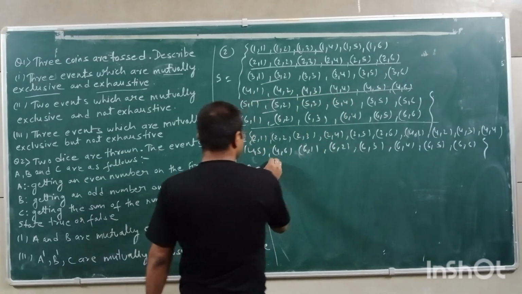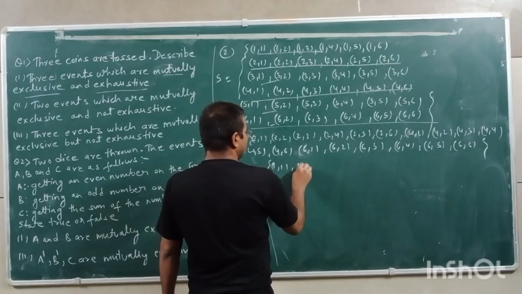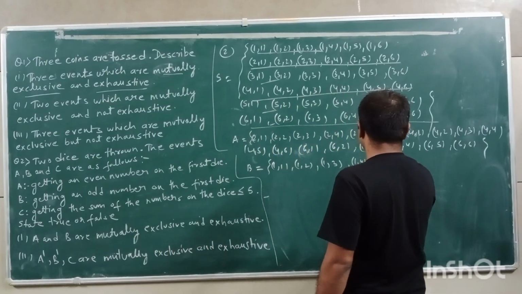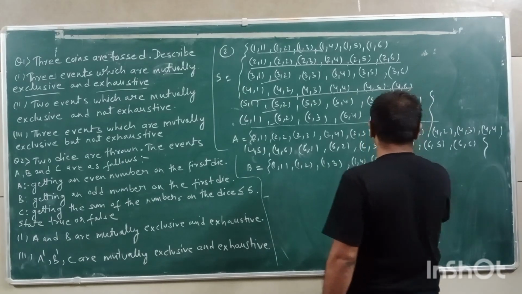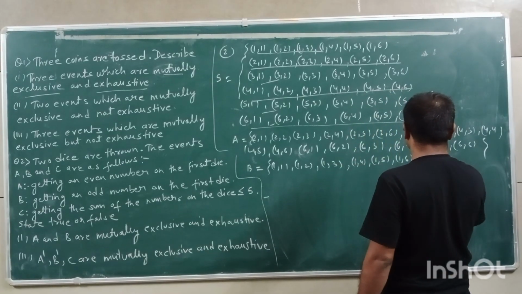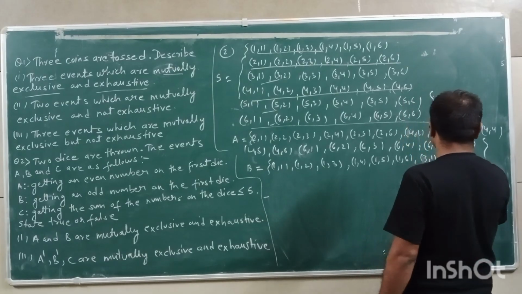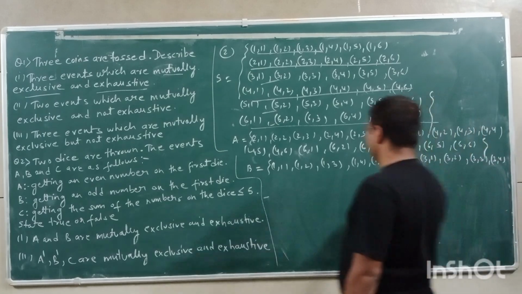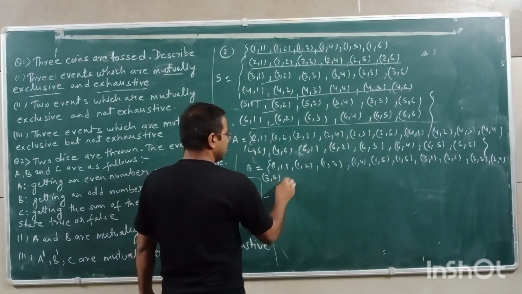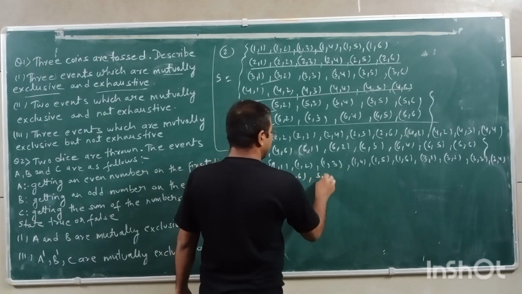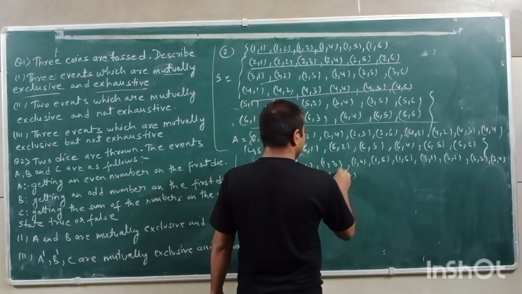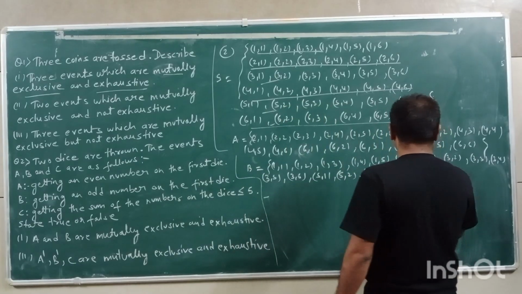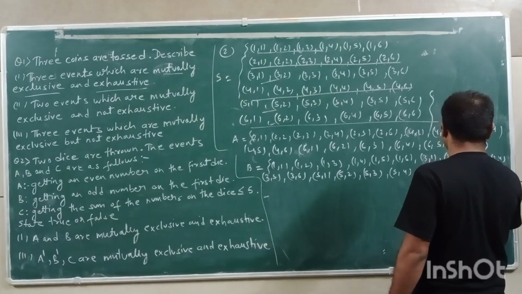Right here 1 comma 1, 1 comma 2, 1 comma 3, 1 comma 4, 1 comma 5, 1 comma 6, then 3 comma 1 through 3 comma 6, then 5 comma 1 through 5 comma 6.